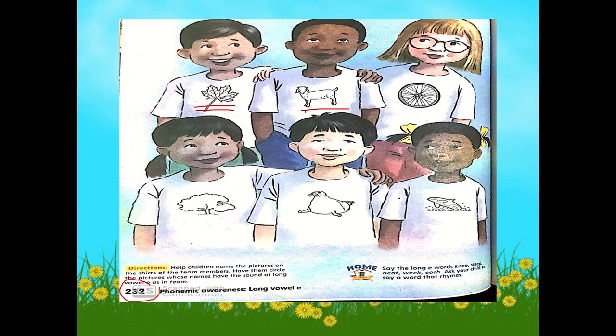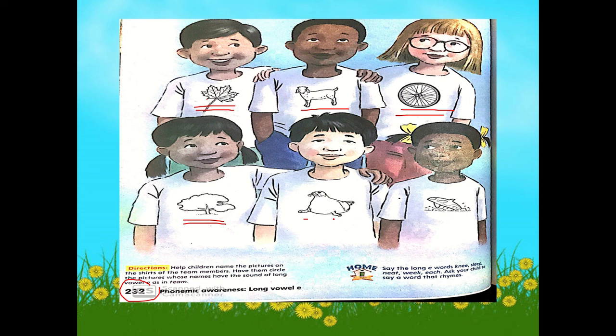If no, X or do not color. Next, wheel. Do you hear E in wheel? If yes, color. If no, do not color. Next, we have tree. Do you hear the E in tree? If yes, color. If no, do not color.